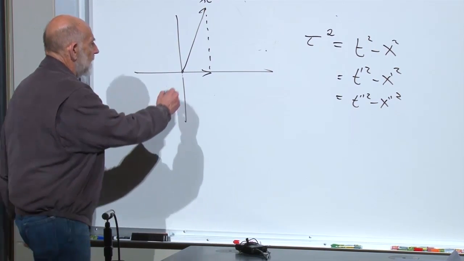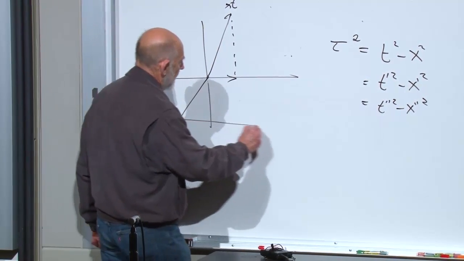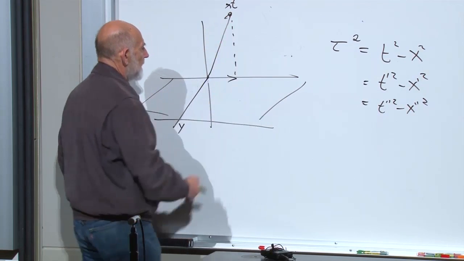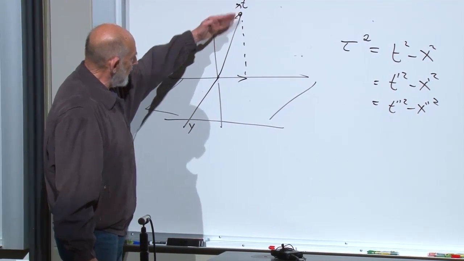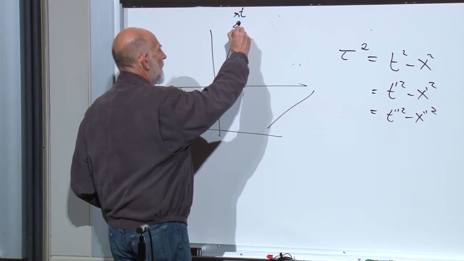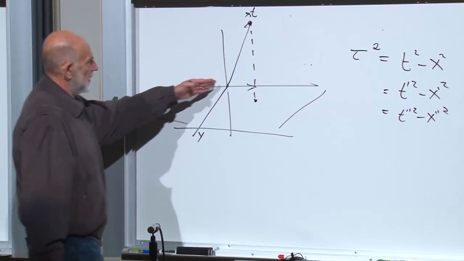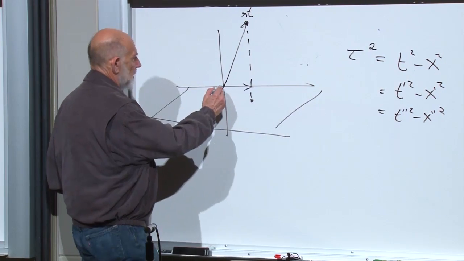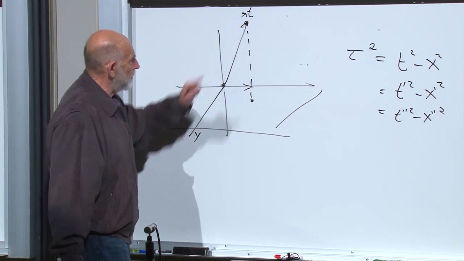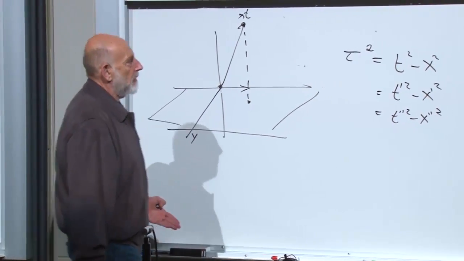Now, supposing we take into account the other directions, let's call this y, for example, then this becomes a plane here. This point might not be located directly over the x-axis. It might be a point in space-time which is not at the same value of x as the origin here. What then is the interval between here and here? What is the invariant quantity? Well, this is actually fairly simple.